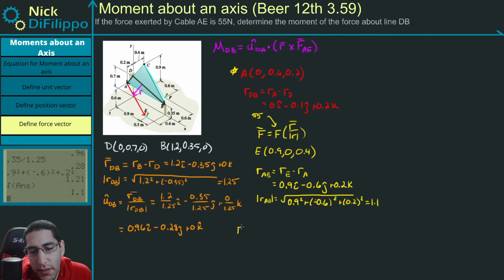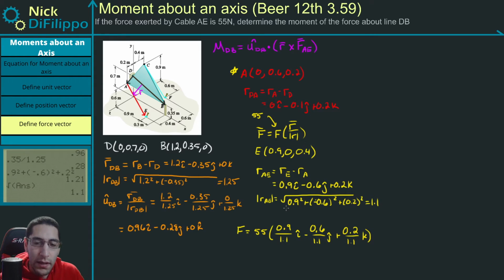So my force is equal to 55 times 0.9 over 1.1i minus 0.6 over 1.1j plus 0.2 over 1.1k. And let's just multiply these out.